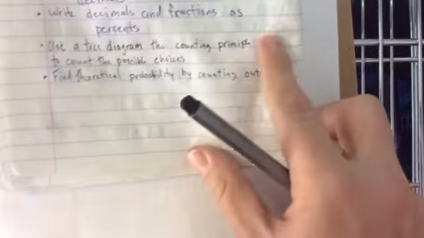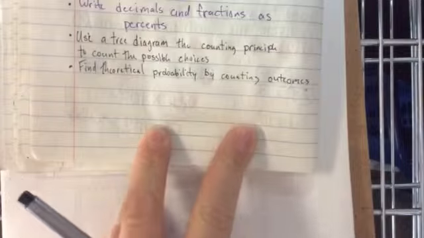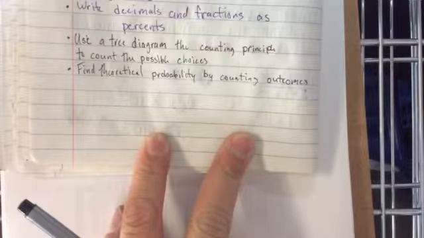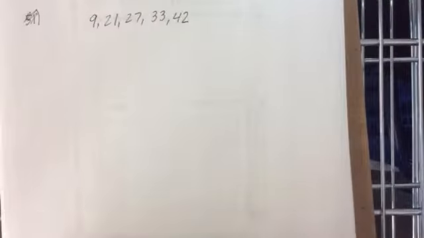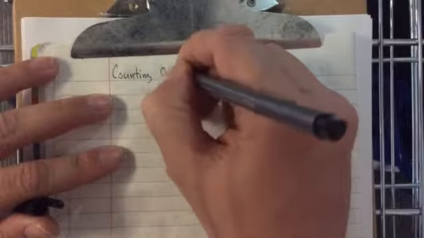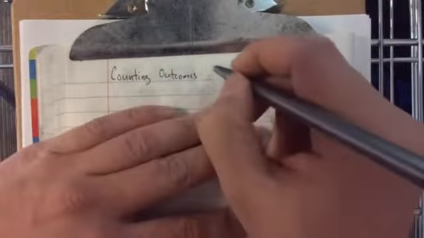So page 40 at the top, go ahead and write counting outcomes and theoretical probability on page 40.